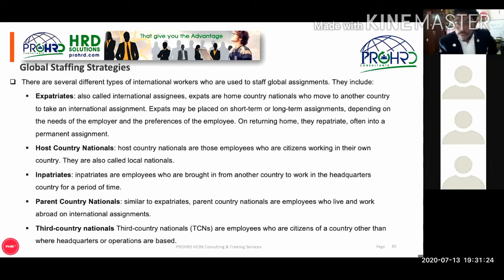You give them an opportunity to go to Atlanta, the Coke head office, for 6 months or 3 months. That means impatriation. You are giving employees the opportunity to go to the headquarters country for a short-term period.